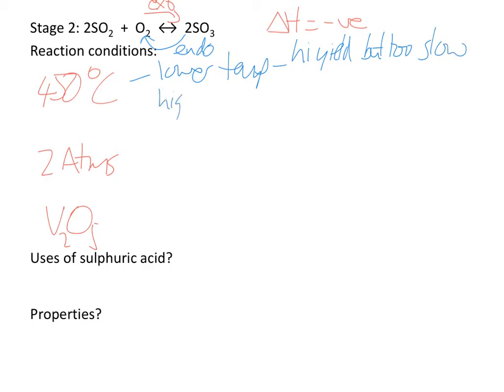A higher temperature would be fast but low yield, because the equilibrium is shifted in the endothermic direction, in other words over to the left. So we have to use a compromise temperature.